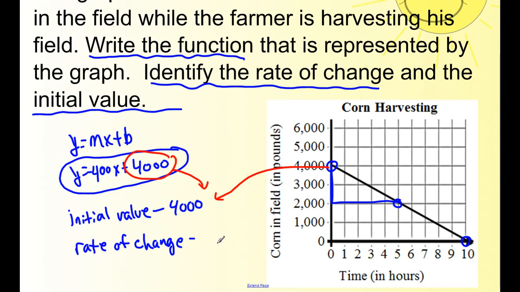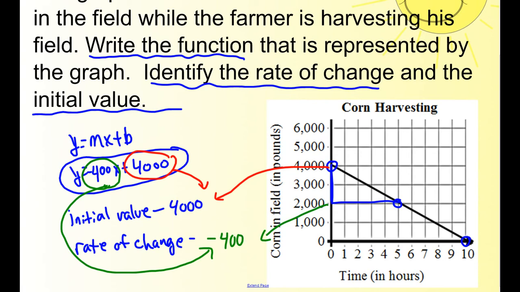The rate of change here is our slope. It's how fast he's harvesting, how fast the amount of corn on the field is changing every hour. And according to our graph and our equation, it's going down by 400 pounds an hour. And we can tell that based off our slope we did there and our slope we have right there.